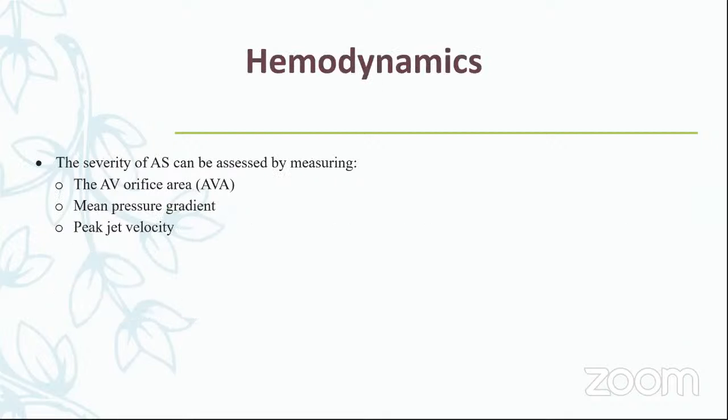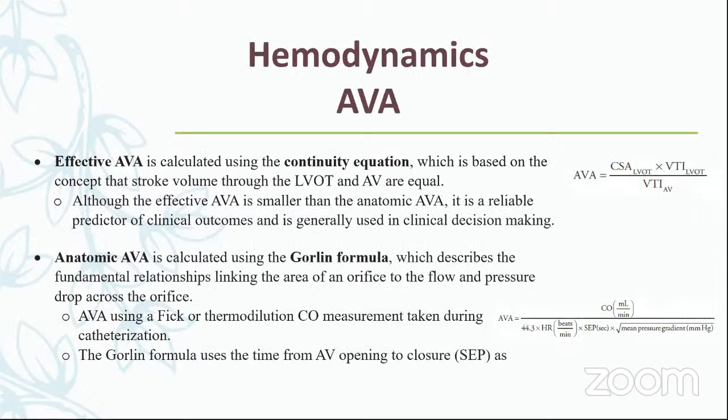The hemodynamics of AS. The severity of AS can be assessed by measuring the aortic valve area, the mean pressure gradient, and the peak jet velocity. There is what is called the effective aortic valve area and the anatomical aortic valve area.